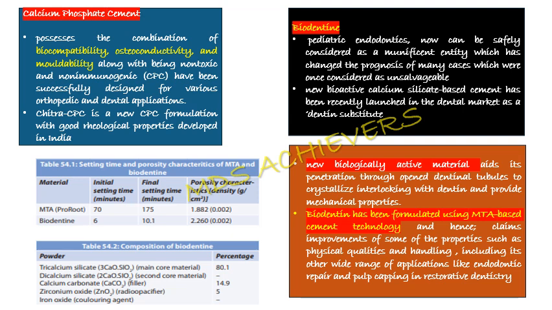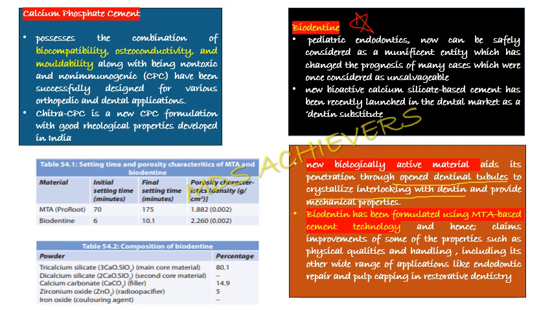Coming to Biodentine, Biodentine is one of the major important points you can remember. See, pediatric endodontics now can be safely considered as a munificent entity which has changed the prognosis of many cases which were once considered as unsavable. A new bioactive calcium silicate based cement has been recently launched in the dental market as a dentin substitute. It aids in the penetration of open dentinal tubules to provide crystallization and interlocking with the dentin and provide the mechanical properties.